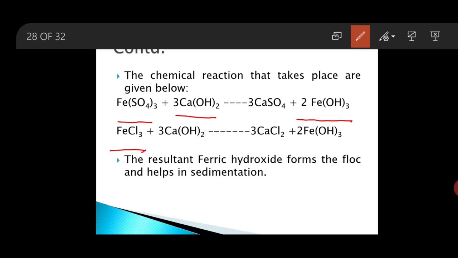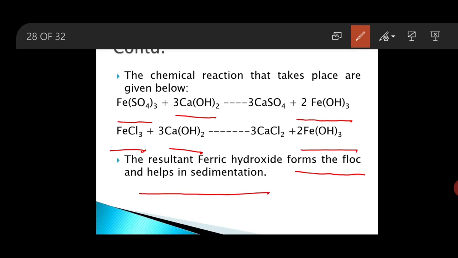Similarly, when ferric chloride reacts with lime, it will also form ferric hydroxide. So both constituents of chlorinated copperas along with lime are effective coagulants. Clear? They form ferric hydroxide, which will form the floc and help in sedimentation.